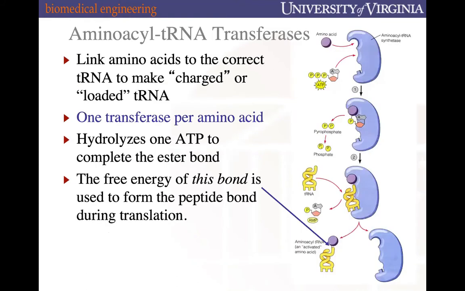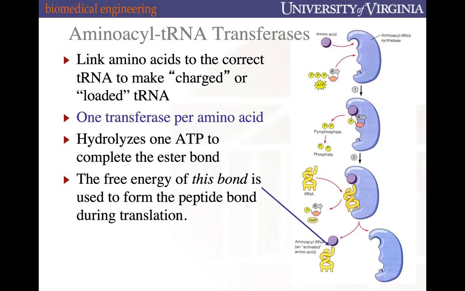So I was describing just a moment ago how there are specific enzymes that define what anticodons correspond to a specific amino acid. For the 20 amino acids, we have 20 of this class of enzymes called aminoacyl tRNA transferases.